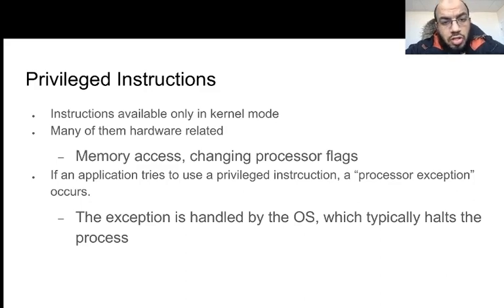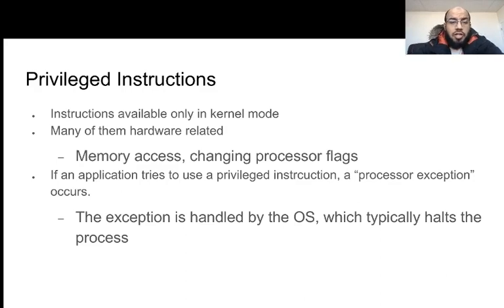Many of these instructions will be hardware related. For example, memory accesses. If I'm trying to access different parts of the memory in my computer, the kernel handles that. It's not me as a user who handles that. Changing processor flags, because there are many flags in the processor that we'll talk a bit about, and you do not want the user to be able to change the way that your processor functions.